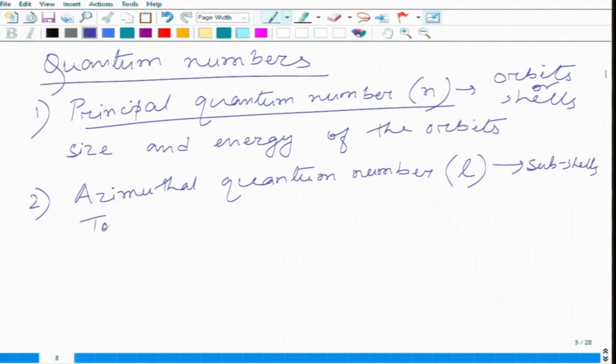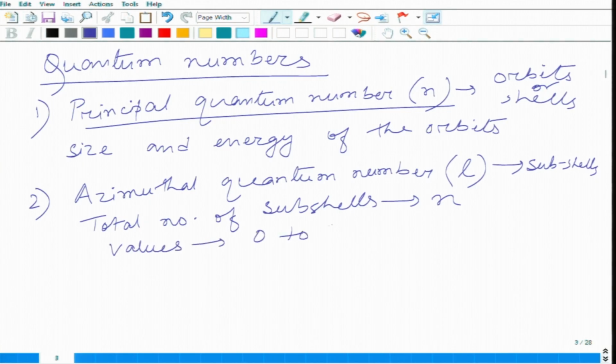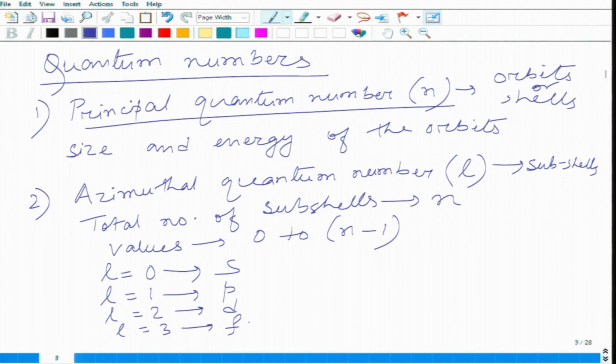The total number of subshells is n in an orbit, and the values can be from 0 to n minus 1. For L equal to 0 we call the subshell s, for L equal to 1 we call it p, L equal to 2 is d, and L equal to 3 is f.